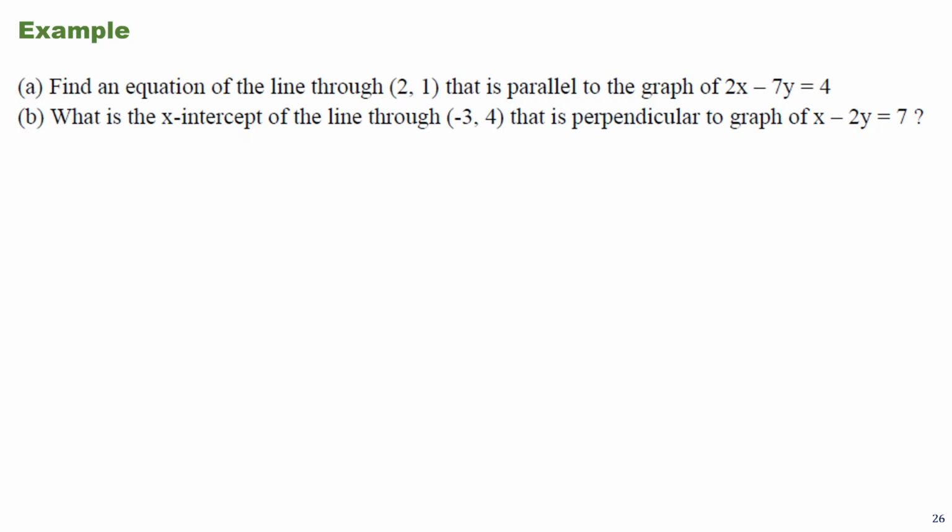Consider these two questions. I'll give you some time to solve them, and we'll have a look at the solution after that. Okay, let's have a look at the solution together. So for the first question, if we know the desired line is parallel to the given line here, then we know the slope of the desired line, right?